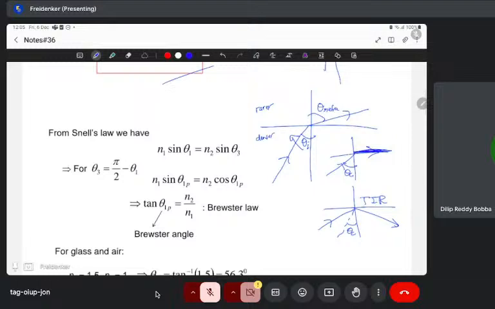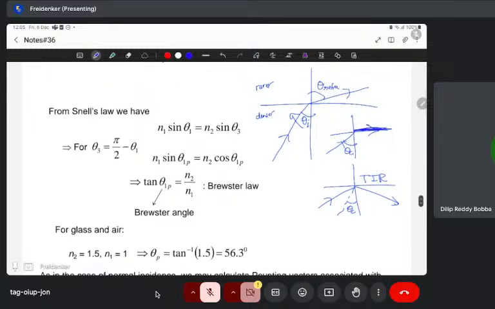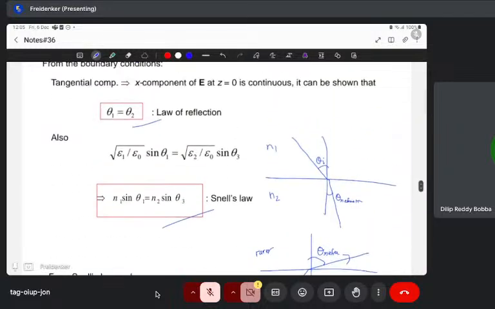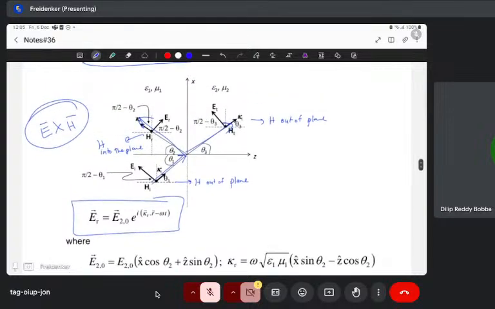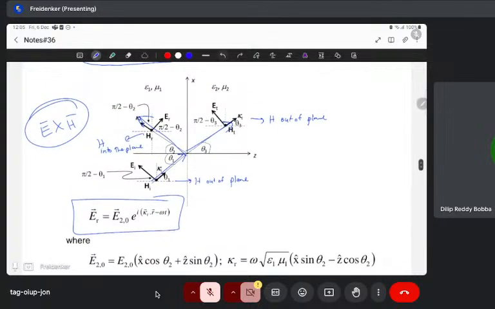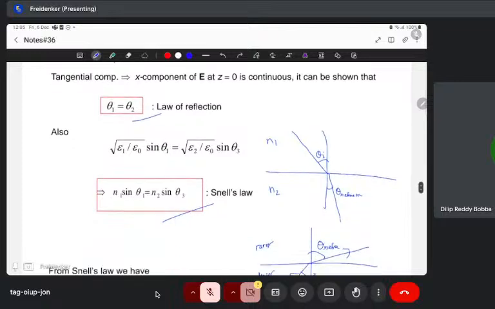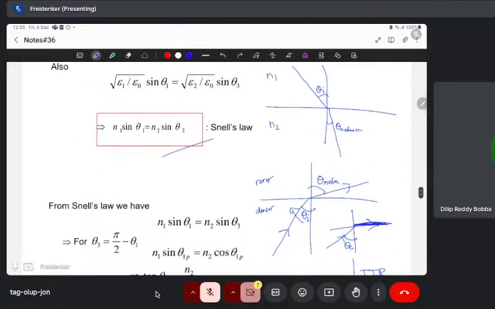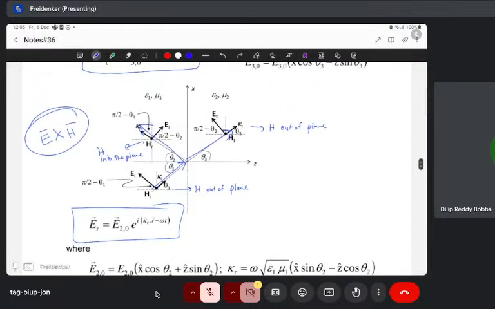There was some slide about this. But anyways, now there's something called Brewster's angle. What is Brewster's angle? What is theta three? This is theta three. Fine. Theta three is pi by two minus theta one.